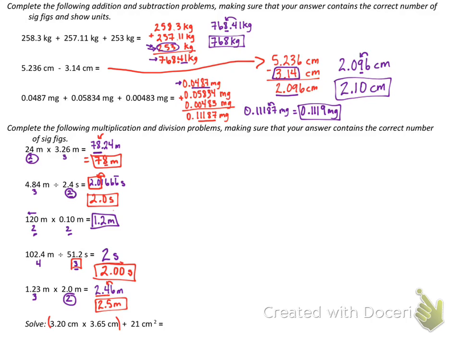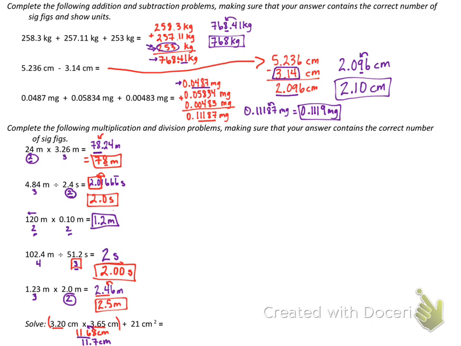My answer is 11.68 centimeters. Since both of my numbers only have 3 significant figures, my answer must only have 3 significant figures. So I look at my first 3 significant figures. What does this 8 do to the 6? It makes it a 7. So my answer would be 11.7 centimeters.